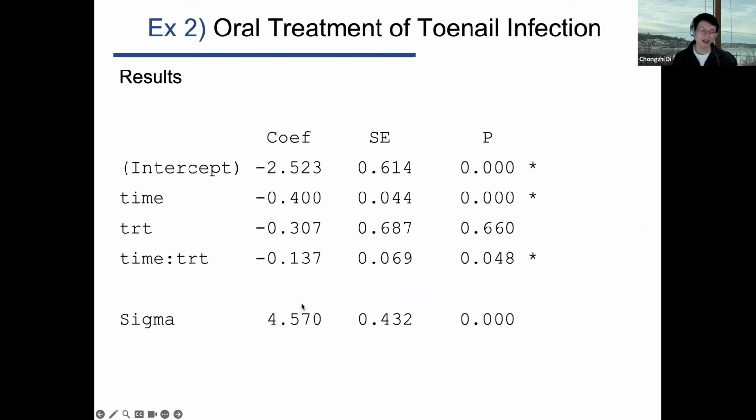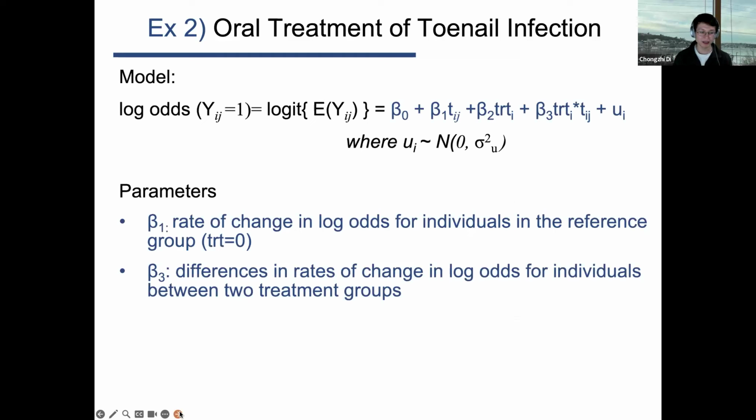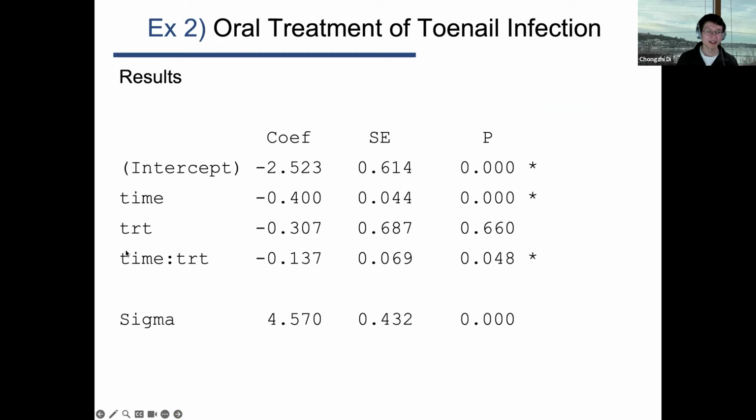So here are the results we got from fitting this GLMM. I think we mentioned that the parameter we are most interested in is the interaction. The estimated coefficient is negative 0.137, and it's statistically significant.